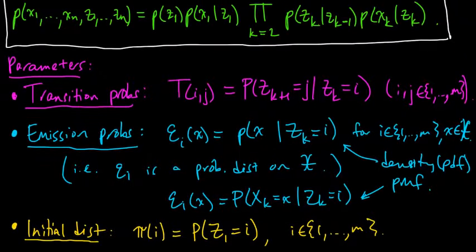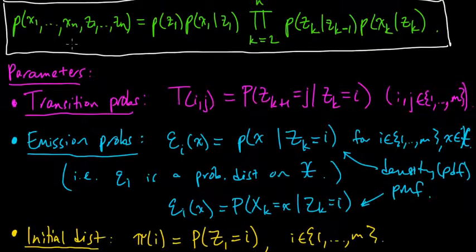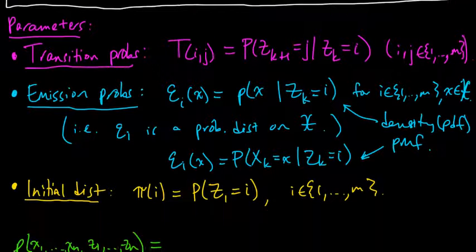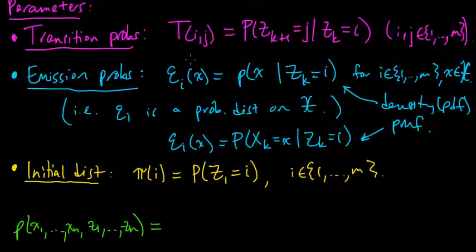So now we were just about to write down the joint distribution for the general thing, and then we said what these parameters are. Just to make it concrete, let's write down the joint distribution in terms of these parameters.